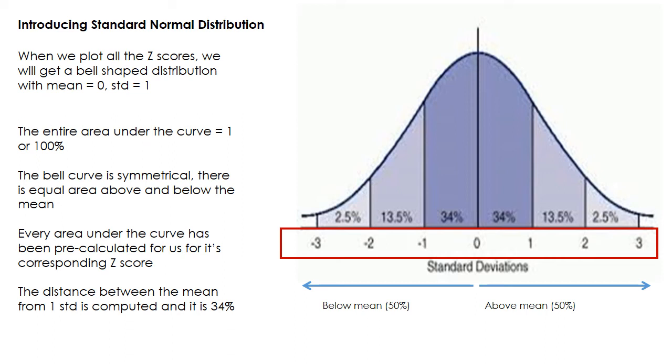Most of the time the information that we gather is around the mean, but the extreme values will be smaller, far from the mean, so the proportion becomes smaller as well. That's why the area under the curve between 2 and 3, or -2 and -3, is only 2.5%, because it is far from the average.